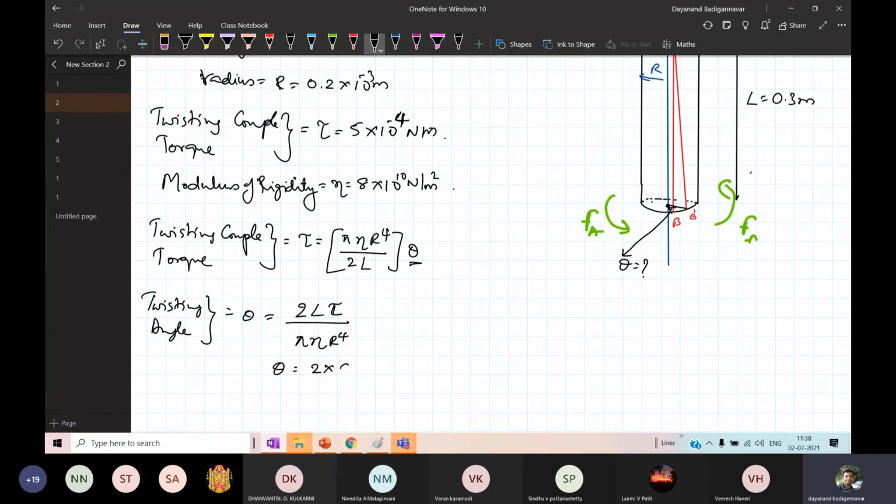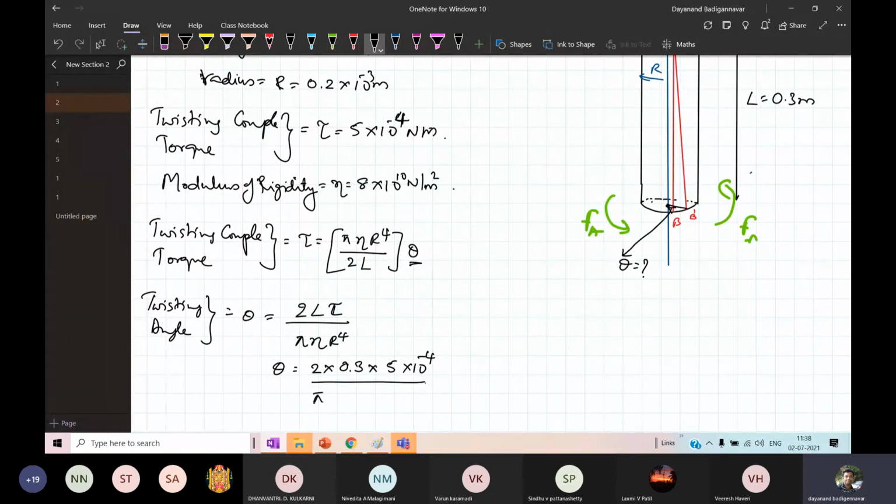How much is the length? Length is 0.3 meters. Then tau is how much? Tau is 5 into 10 to the power of minus 4 Newton meter, divided by pi as it is, eta.